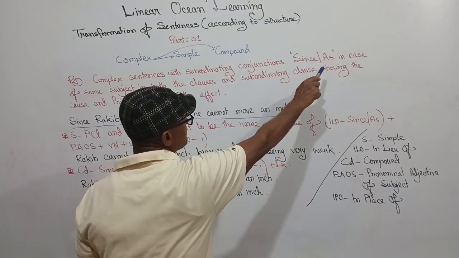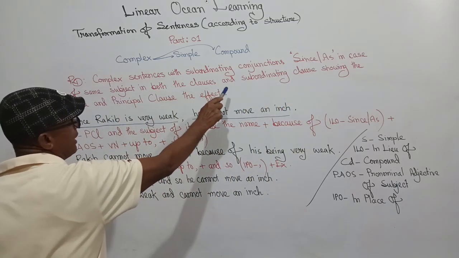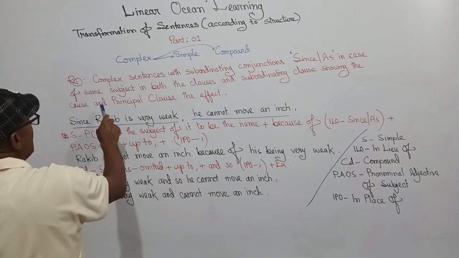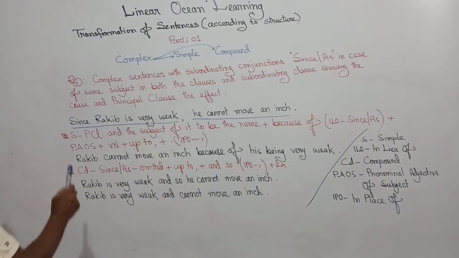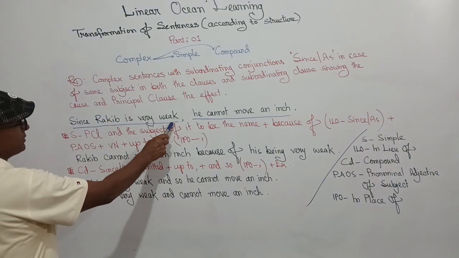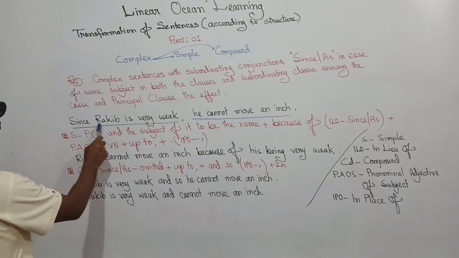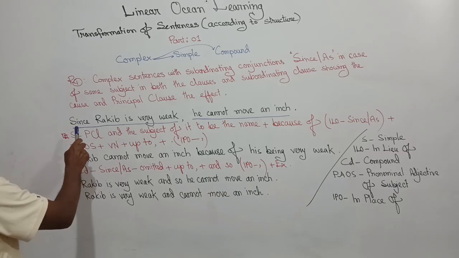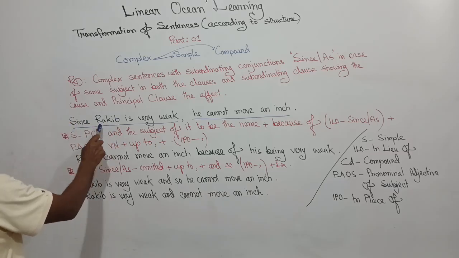since or as in case of same subject in both the clauses, and the subordinating clause showing the cause and the principal clause the effect. Example, since Rakib is very weak, he cannot move an inch. Here, since Rakib is very weak is a subordinating clause because it has got a subject and a subordinating conjunction, since.